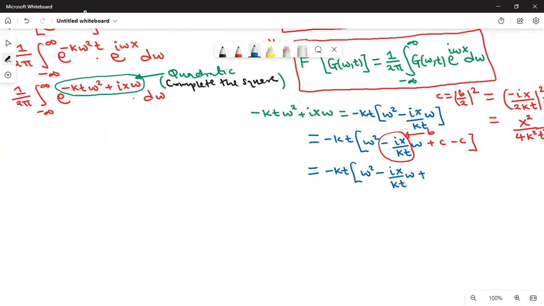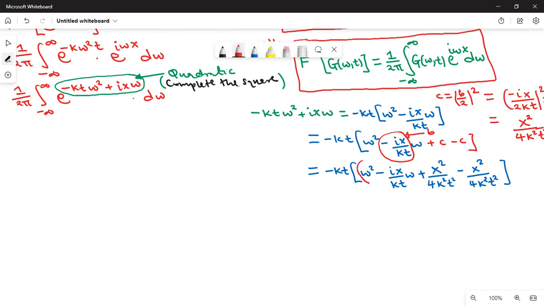So we are adding x squared over 4k squared t squared. That's the c that we're adding. We also subtract the same c, x squared over 4k squared t squared. You subtract and you also add the same number.